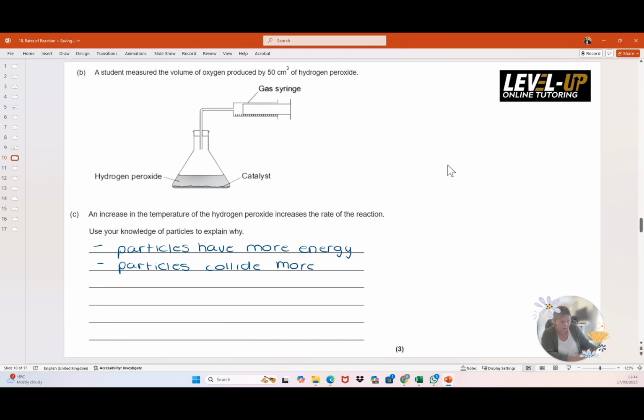So we've got more collisions, and more of those collisions are successful. Just remember, it's not just about making more collisions, it's that we're getting more successful collisions.